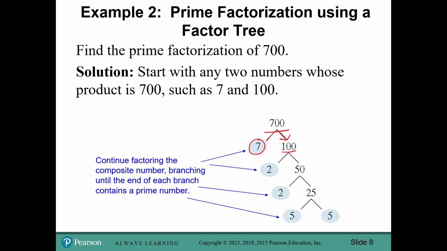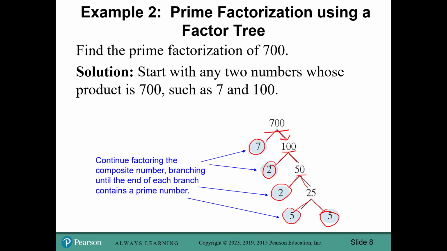This 100 is divisible by 2, which is a prime, so I circle it. The result of that division gives me 50, which is not a prime, so I keep going. I can divide out another 2 and get 25, and then from that 25, I get 5 and 5. Those are all primes, and so I'm done. When every single branch of my tree terminates in a prime, then I know I'm done.